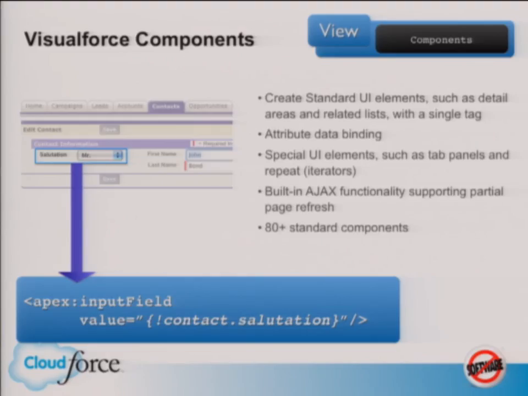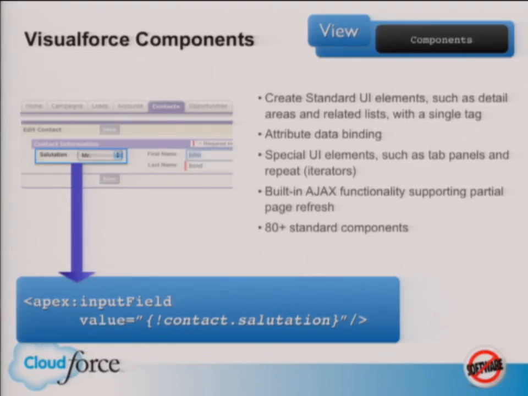Visualforce components, we have 80-plus standard ones. They have built-in AJAX functionality so that you don't have to write a bunch of JavaScript to get modern interaction and behavior with your applications and your user interface. As you can see here, we carved out the interface into these bits of components, and there's a couple of aspects here.